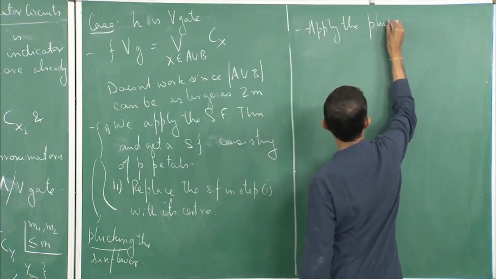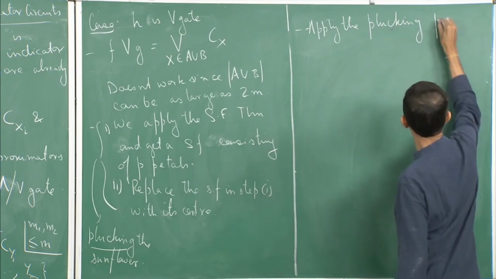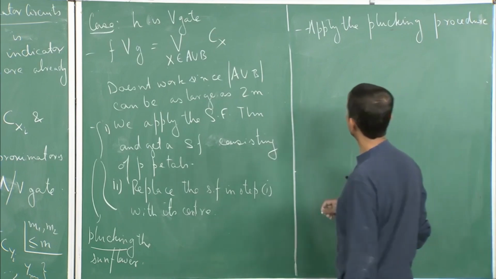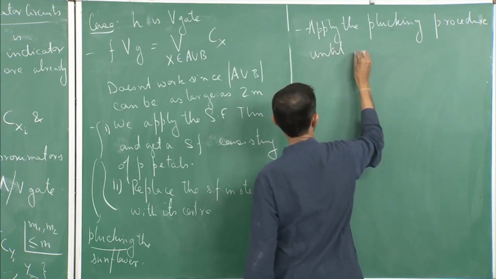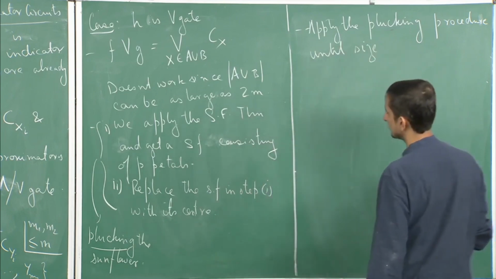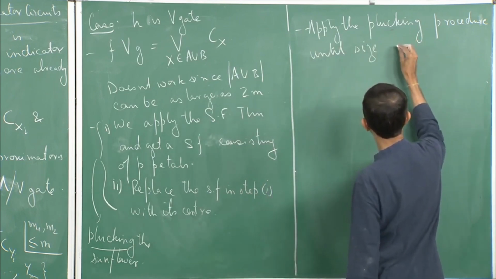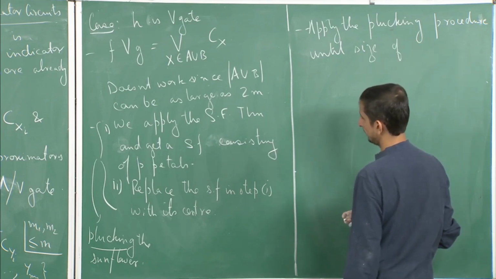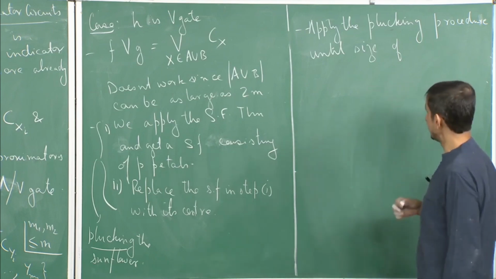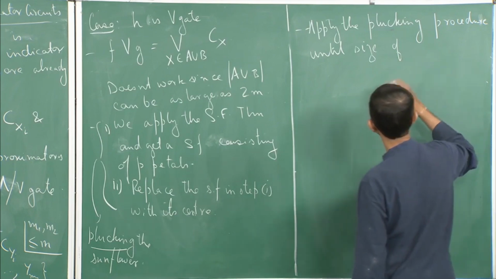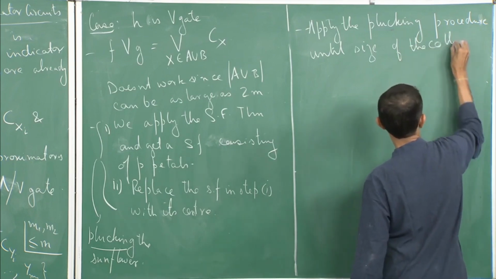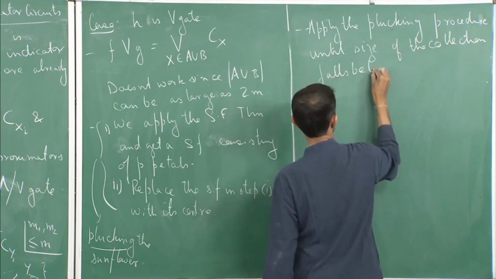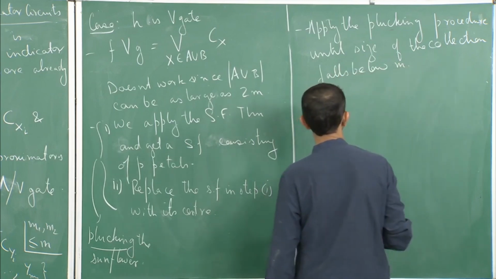So, apply the plucking procedure until the size of, well, it is not exactly A union B any longer, it is a different set now, until the size of the, let me just call it collection, falls below m.